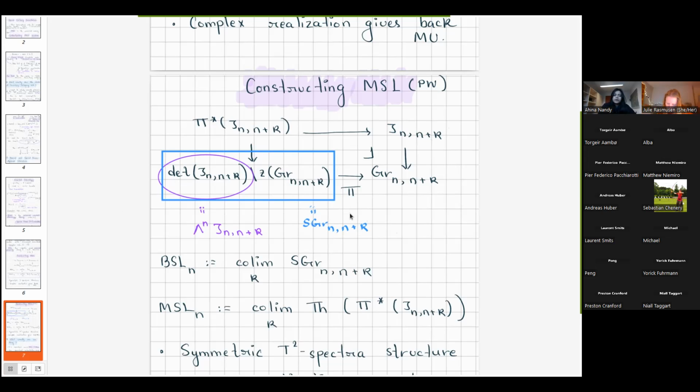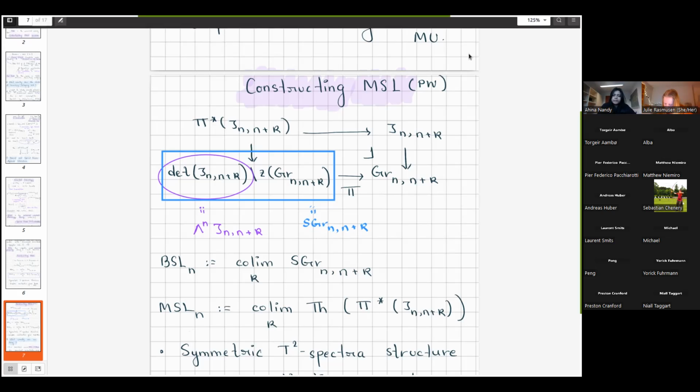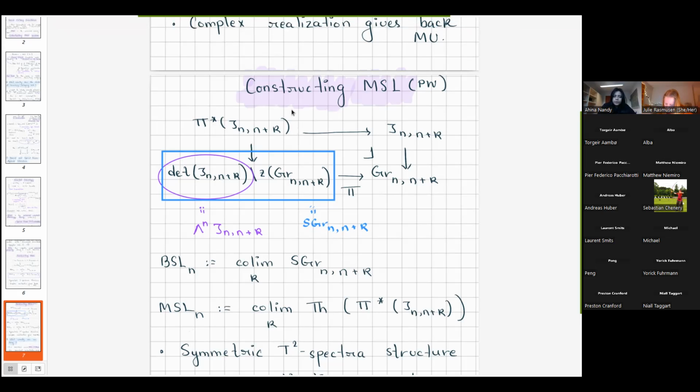Okay. And we take this pullback bundle, and similarly as before, we can consider the infinite special linear Grassmannian, which is the colimit of the special linear finite Grassmannians. And the nth space of the spectrum MSL is the appropriate sequential colimit of Thom spaces of this pullback bundle.